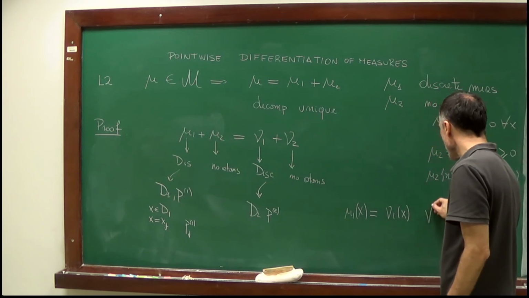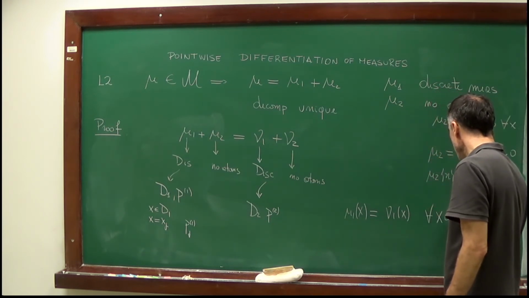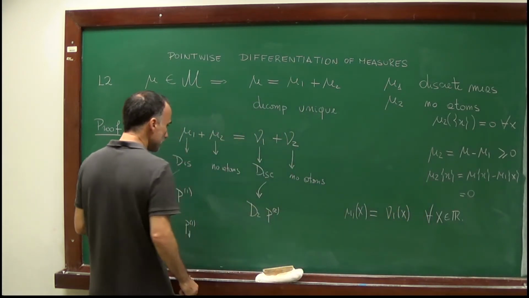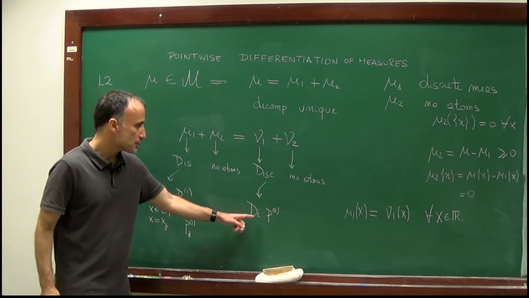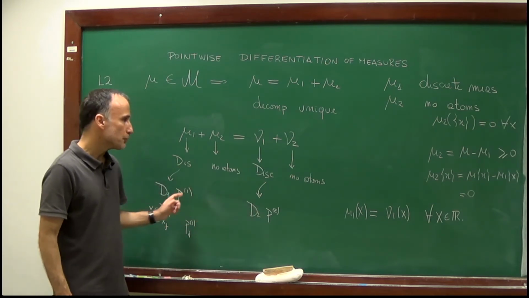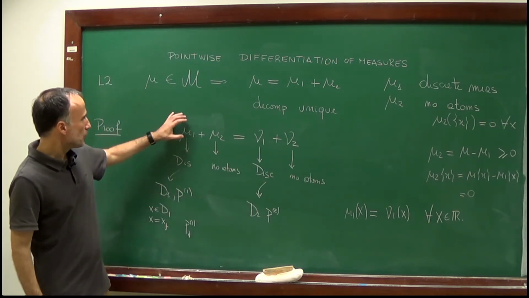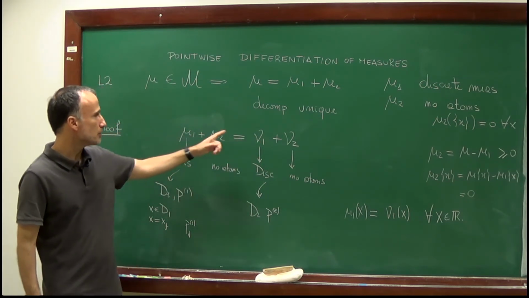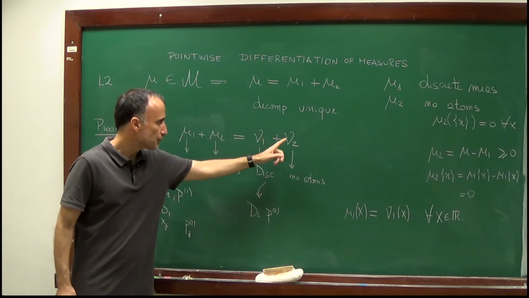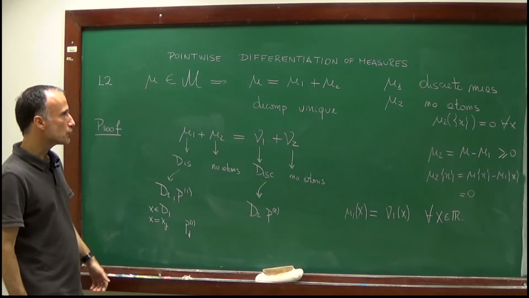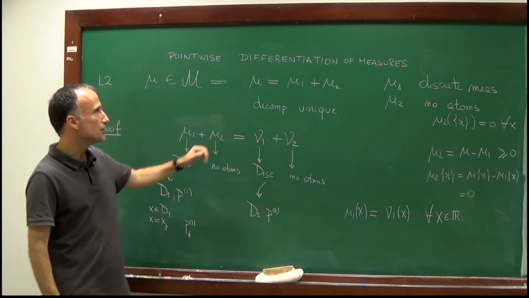Okay, and this holds for any x in R. And from that we have that the countable set D1 has to be equal to the countable set D2, and the weights have to be equal too. Which proves that mu1 is equal to nu1, and if mu1 is equal to nu1, we get that mu2 is equal to nu2, and this proves the lemma. So this proves the uniqueness of the decomposition.